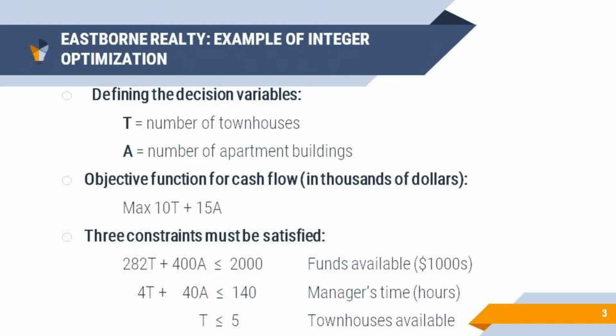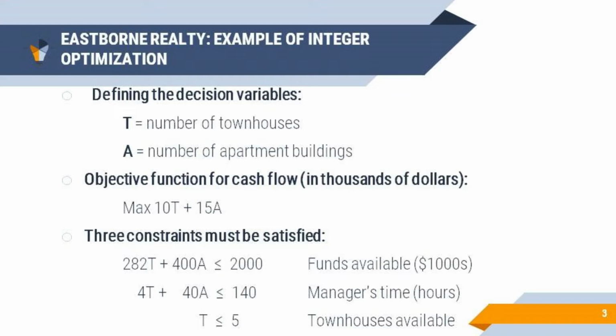You may be looking at that and say, well, where did that come from? Basically, we're saying that the price for the townhouses is 282,000 plus the price of the apartment building, which is 400,000. Both of those together, depending on the number that we produce, has to be less than or equal to 2 million. Those numbers are represented in thousands.